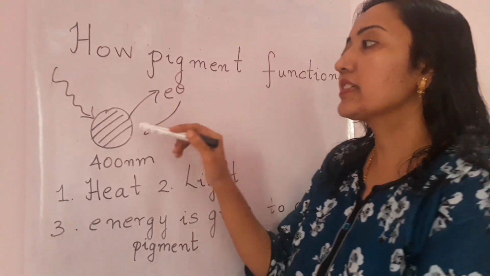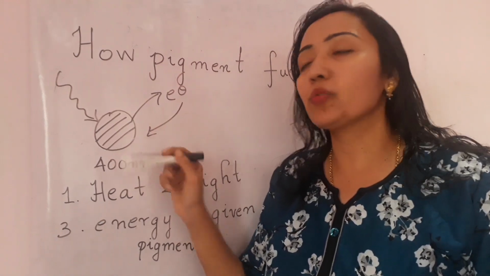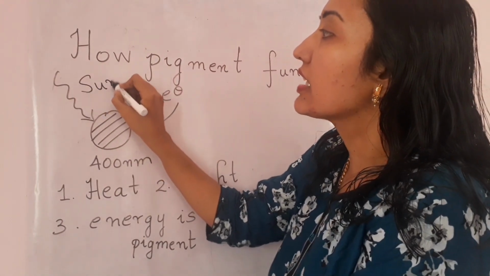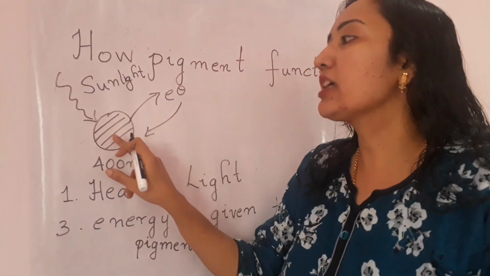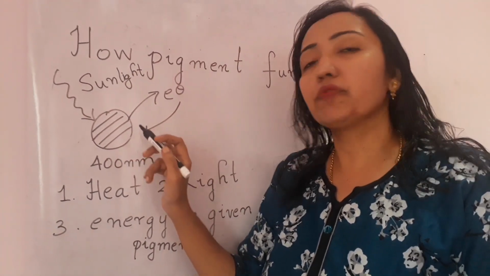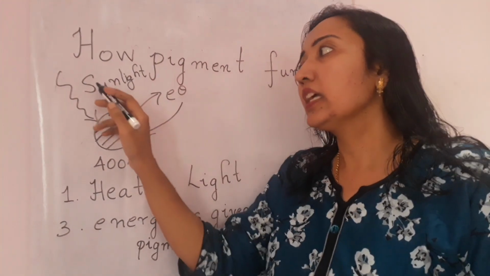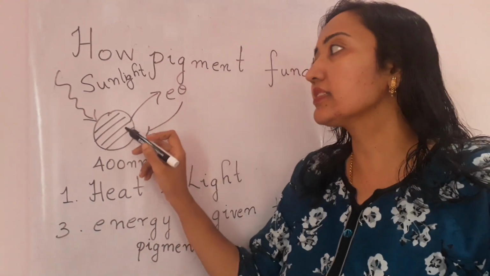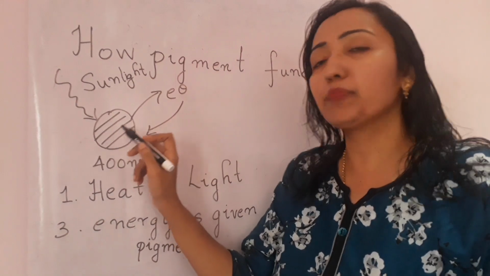For example, this is a pigment which is a chemical compound, and when sunlight falls on this pigment, it will absorb the light energy at fixed wavelength. For example, if it can absorb light energy at 400 nanometer, it will absorb light at 400 nanometer. As a result, an electron will get excited in this pigment.